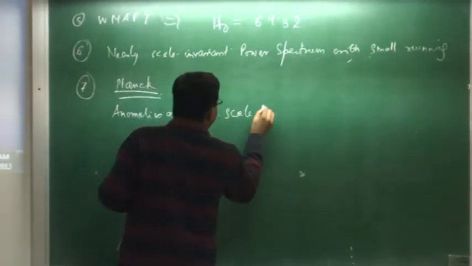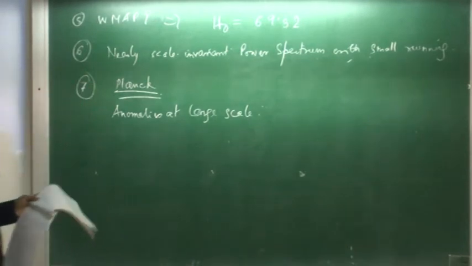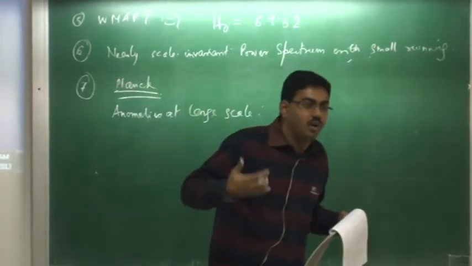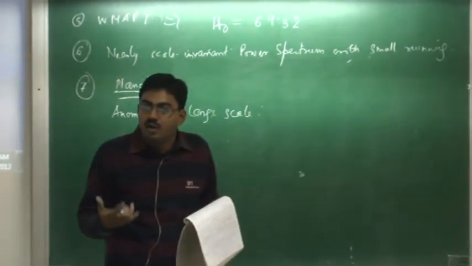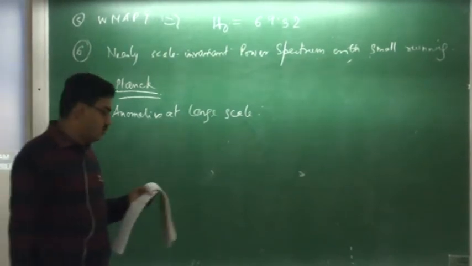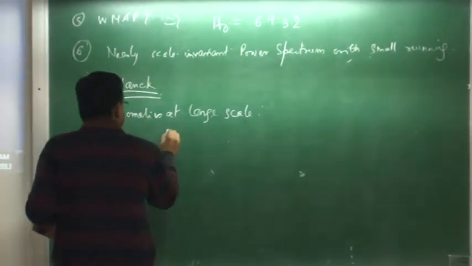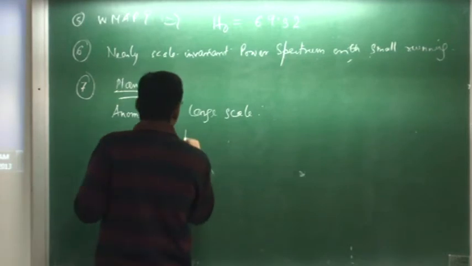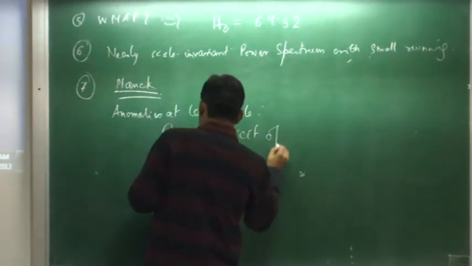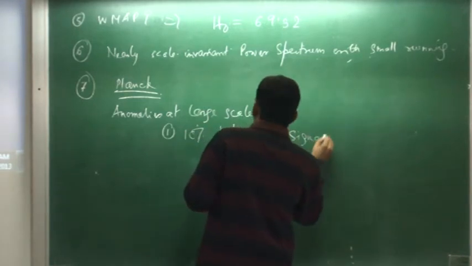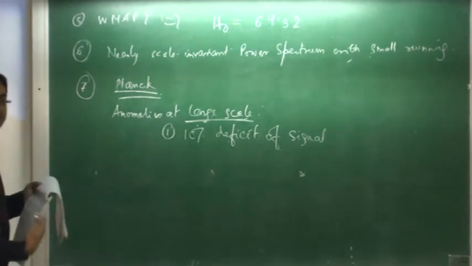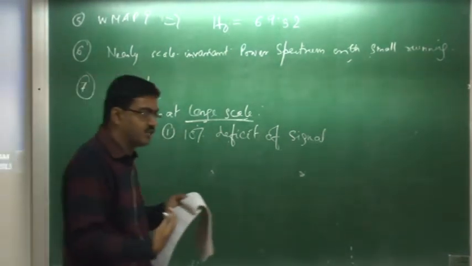What I mean by anomaly is that your standard cosmological model, the background FLRW model, cannot readily explain those things. So what are the anomalies? We have two anomalies actually. One is around a 10% deficit of signal at large scale. So there is a 10% fall of signal at large scale which cannot be explained using your Friedmann cosmology.